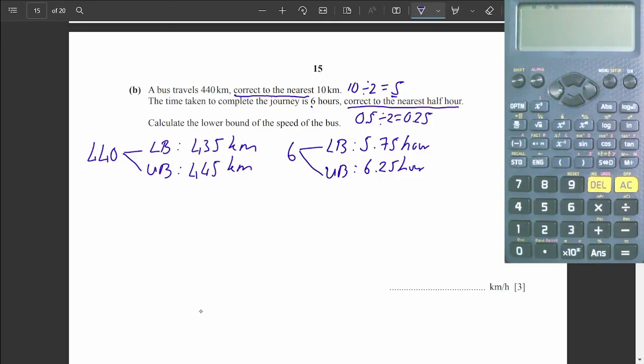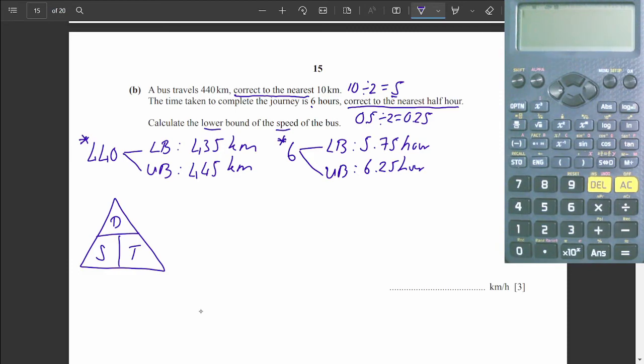They want us to calculate the lower bound of the speed. So again, go back to our little triangle. Speed, distance, time. Meaning we're going to have to divide distance by the time. So 440 divided by 6, but using the bounds. We need to get the smallest possible answer.